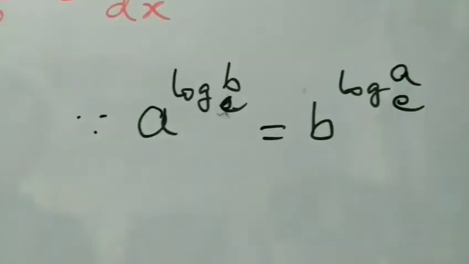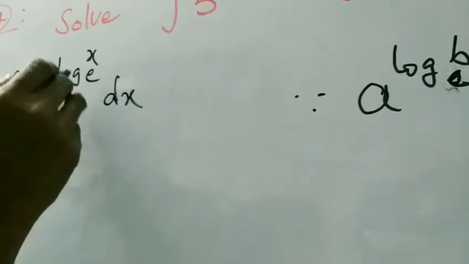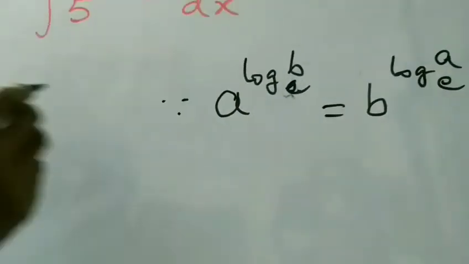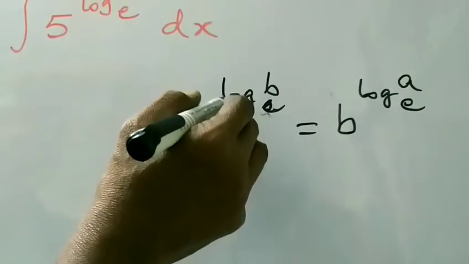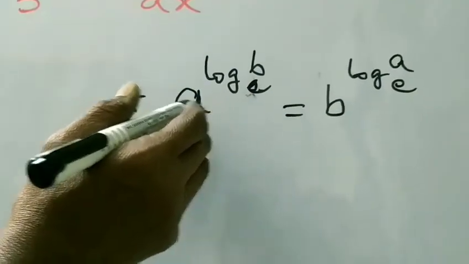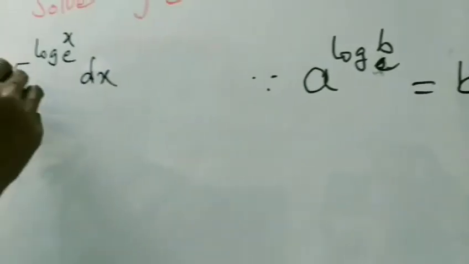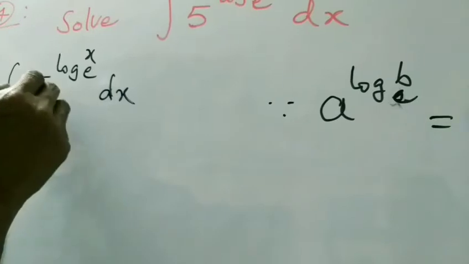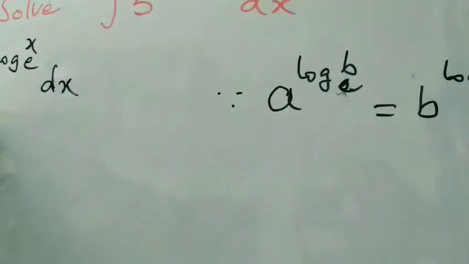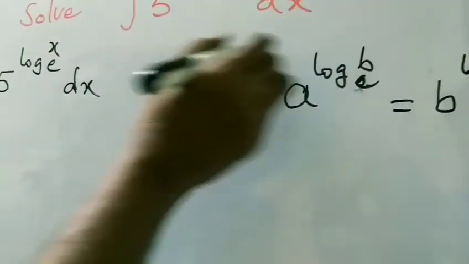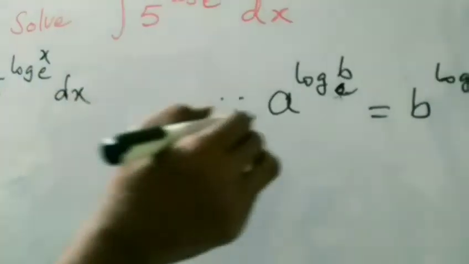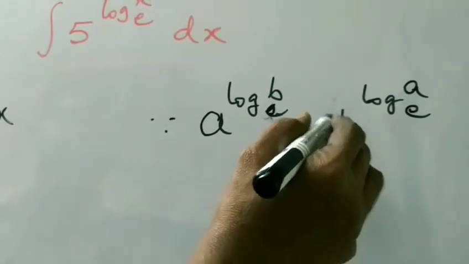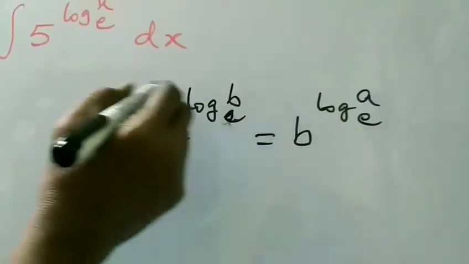So, integral of 5 to the power of log x to the base e, comparing with a to the power of log b to the base e, here in place of a, 5 is there, in place of b, x is there. So a to the power of log b to the base e is equal to b to the power of log a to the base e.